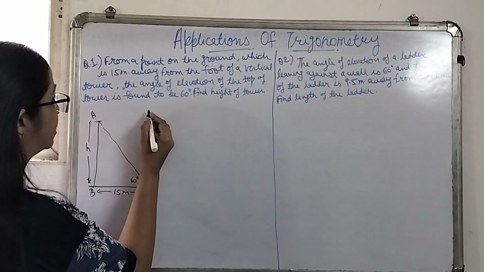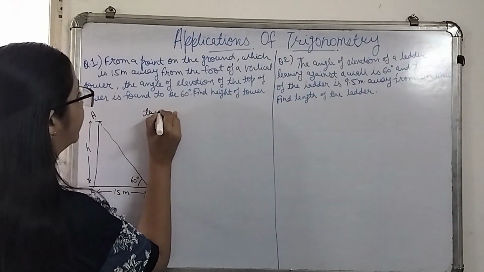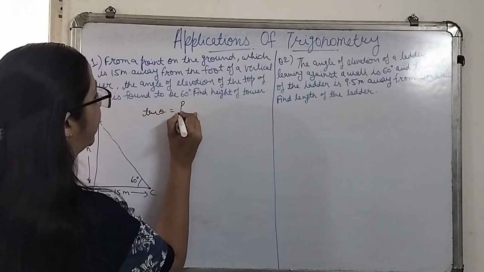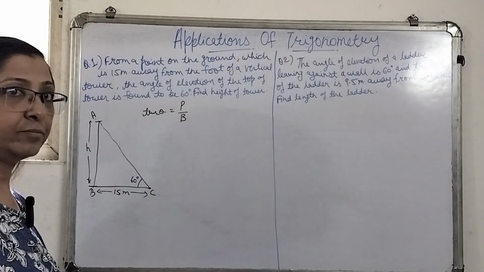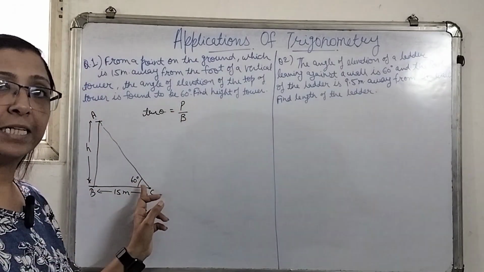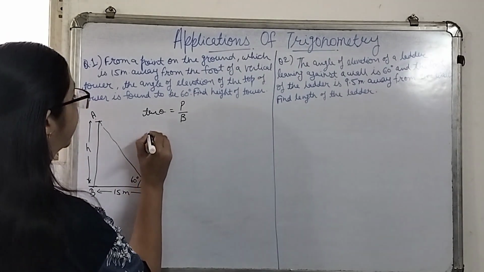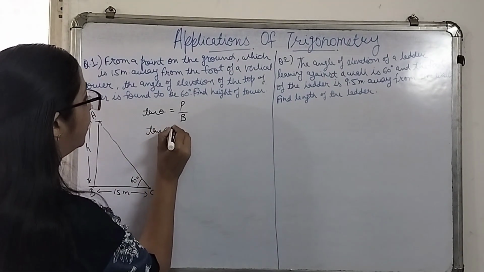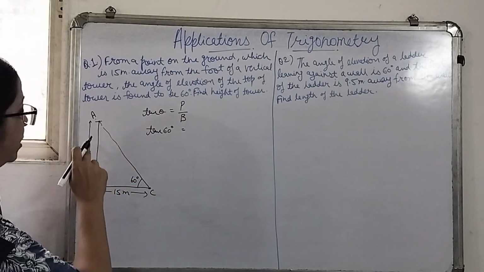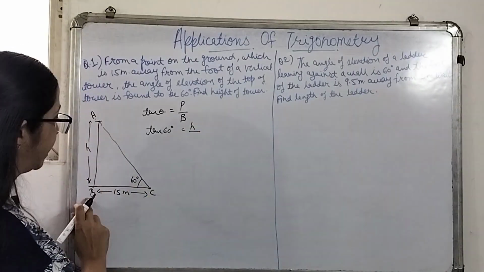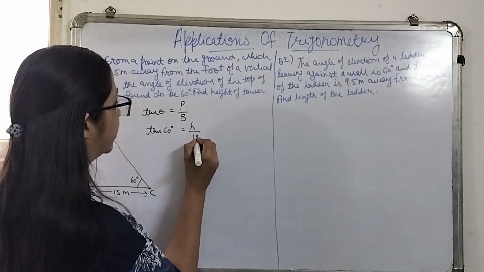So we take tan theta, which is perpendicular over base. Here the value of theta is 60 degrees. So tan 60 degrees equals perpendicular h over base 15.